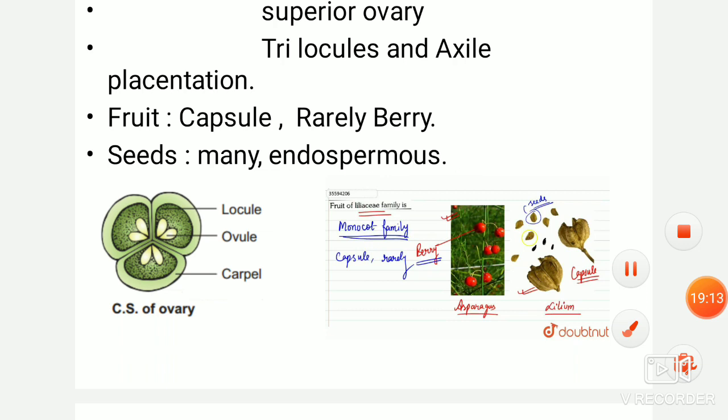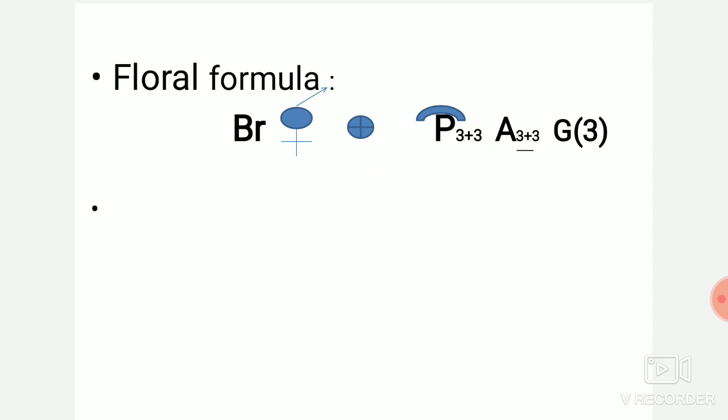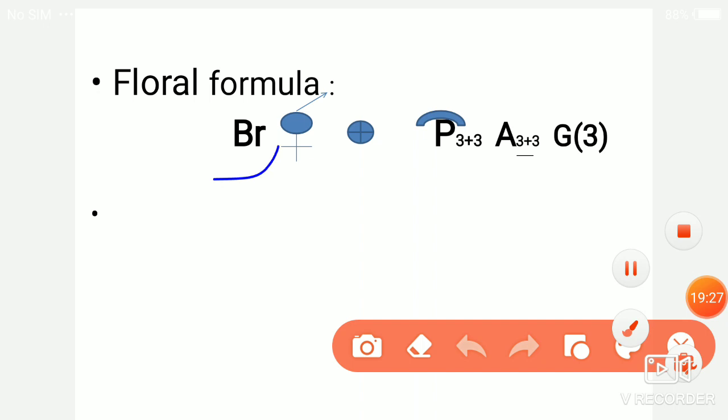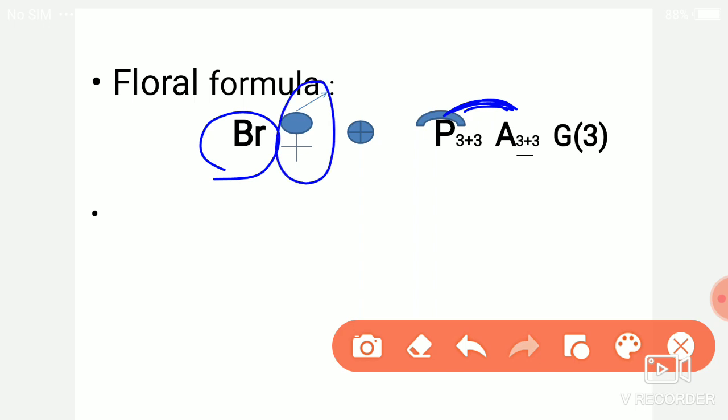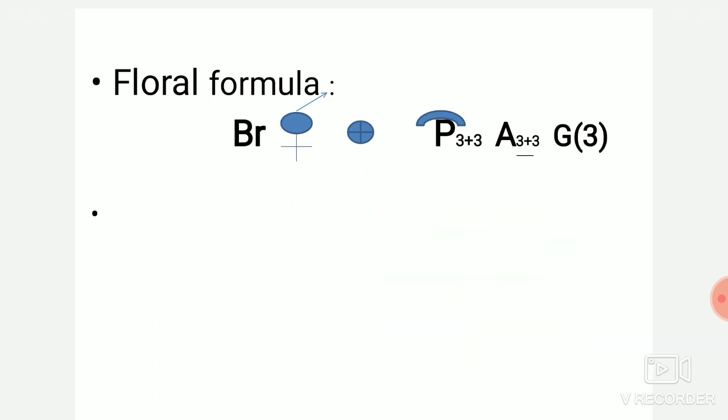Then if we consider the floral formula, it is bracteate. That means bracts will be present for the flower. Then bisexual flower, that means both pistil and stamens are present in the same flower.